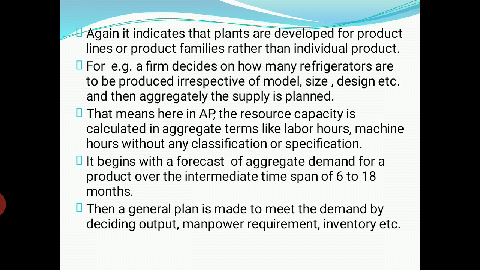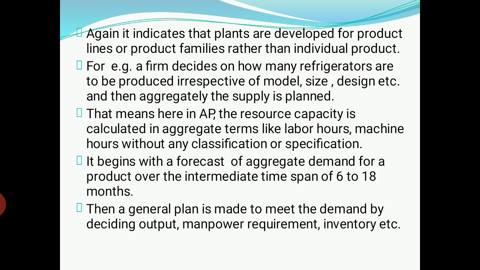Depending on that forecast, we adjust our capacity and meet our own requirements related to the decided output. Depending on that, whatever materials we require, the basic manpower, and the inventories we require, we try to plan out and balance, because it is for a short period of 6 to 18 months.